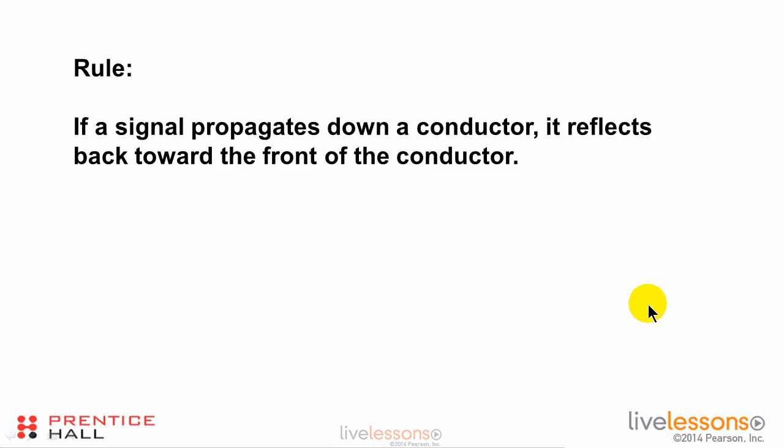And let me give you a rule. If a signal propagates down a conductor, it reflects back toward the front of the conductor. If any signal propagates down a conductor, it reflects back toward the front of the conductor. Always.